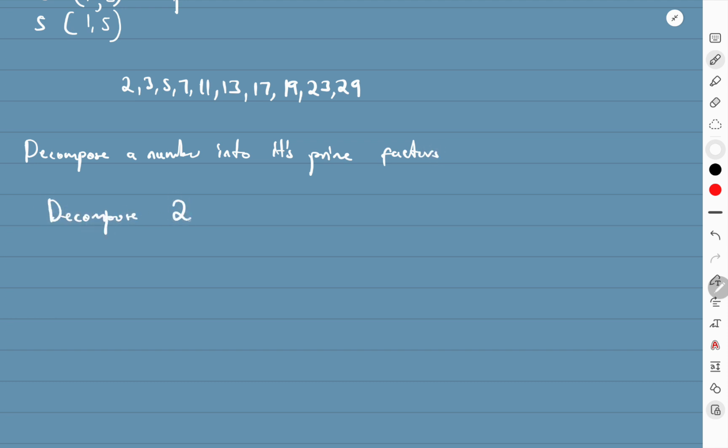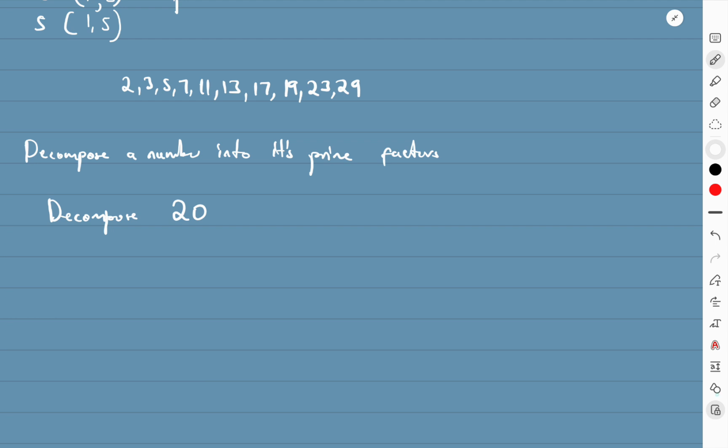Decompose 20 into its prime factors. It means rewrite 20, but rewrite it in a special way, where you are going to represent 20 into its prime numbers. So when they say decompose 20 into its prime numbers, it means rewrite 20 in terms of its prime numbers.